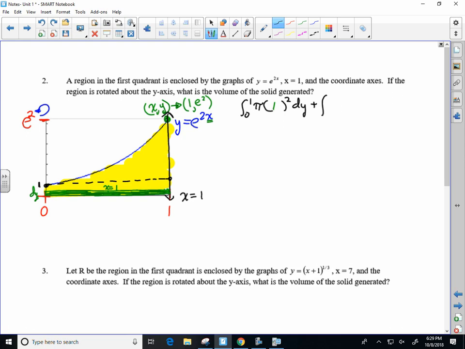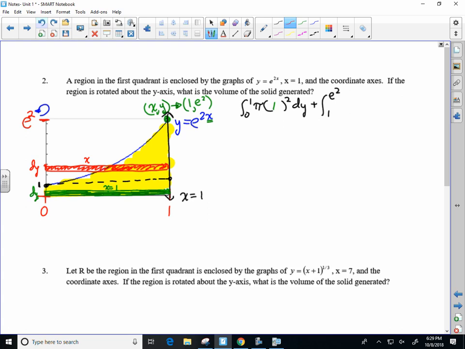Okay, so then on the interval, going the rest of the way from 1 to e squared, I'm going to have washers. So I'm looking at an arbitrary rectangle that, no matter where I place it, is going to go all the way to 1, and have a thickness dy with a length of x.